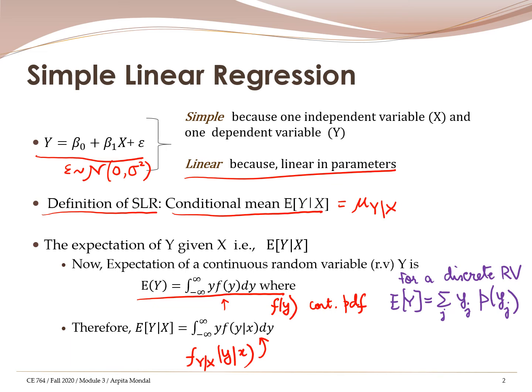y can take only discrete values. So p of y sub j would mean the probability that the random variable y is exactly equal to yj.